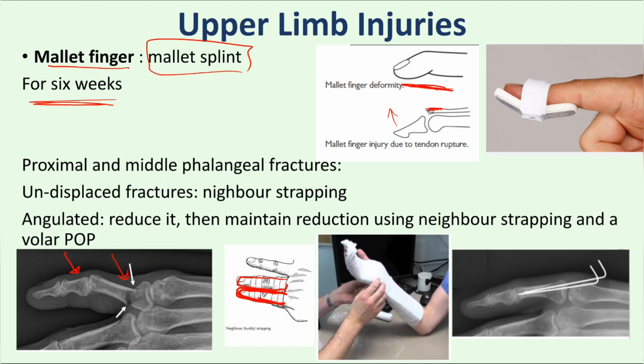If it is angulated like that, try to reduce it, then maintain reduction using a neighbor strapping and a volar POP. Volar means at that side. Some people may need wiring of that by operation.